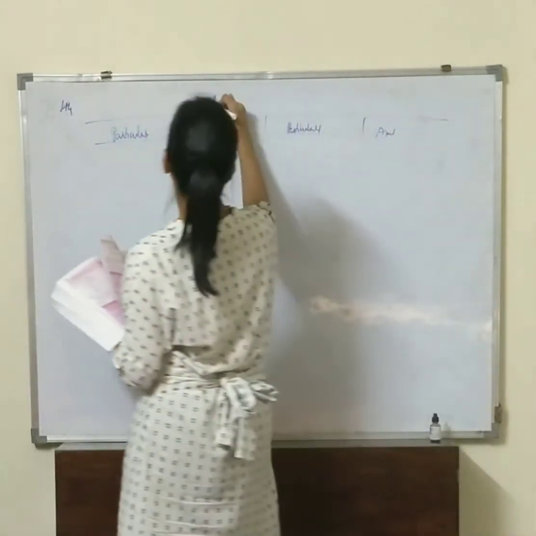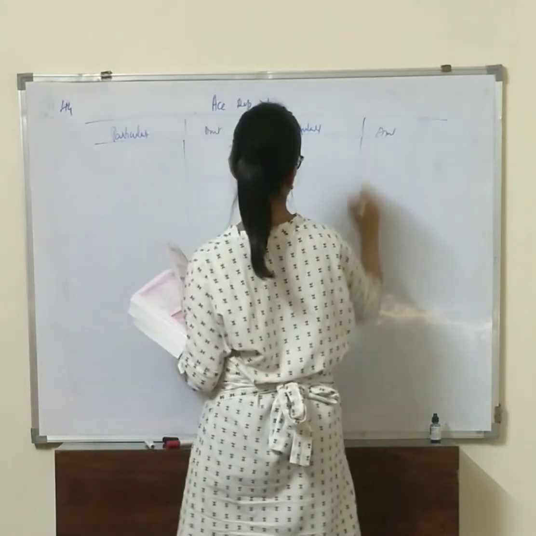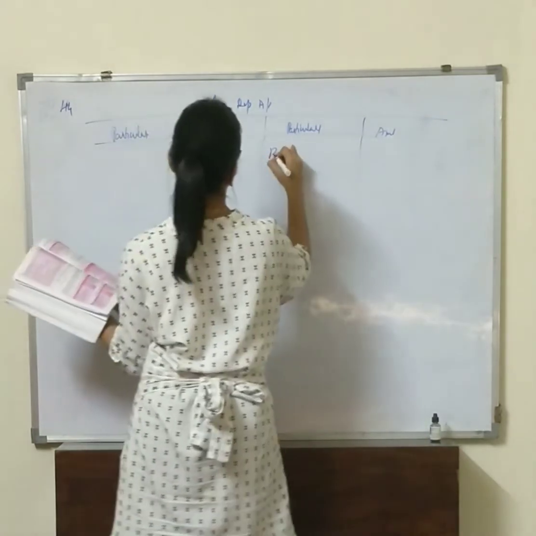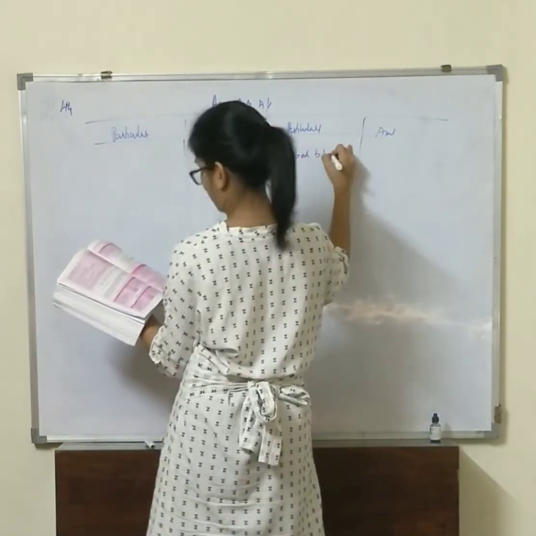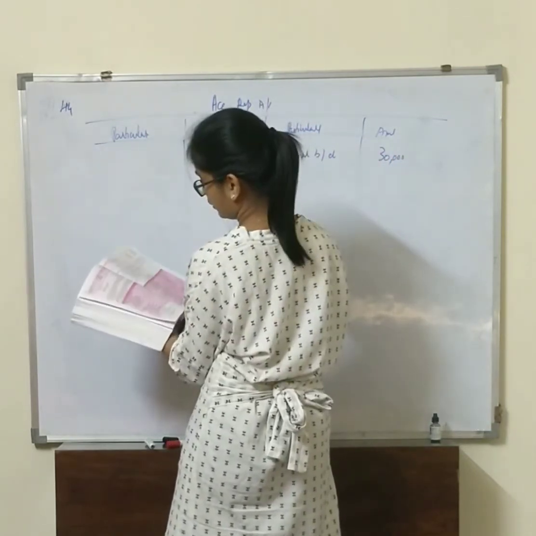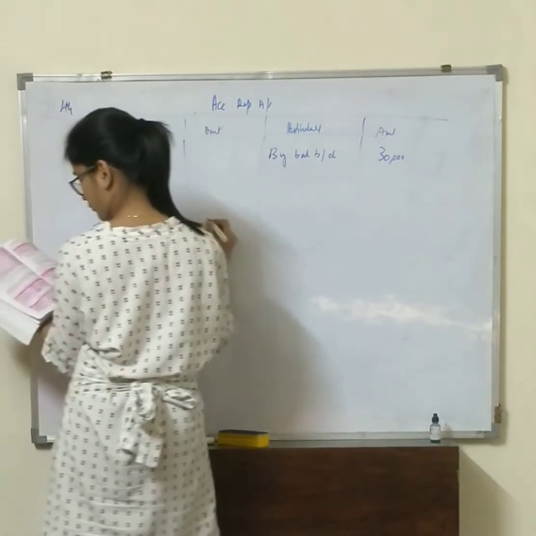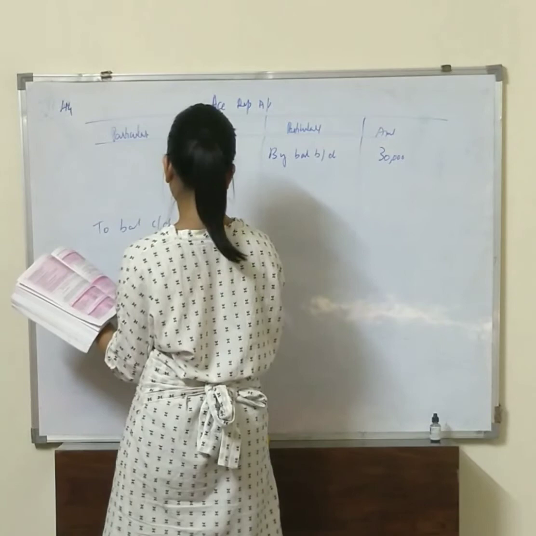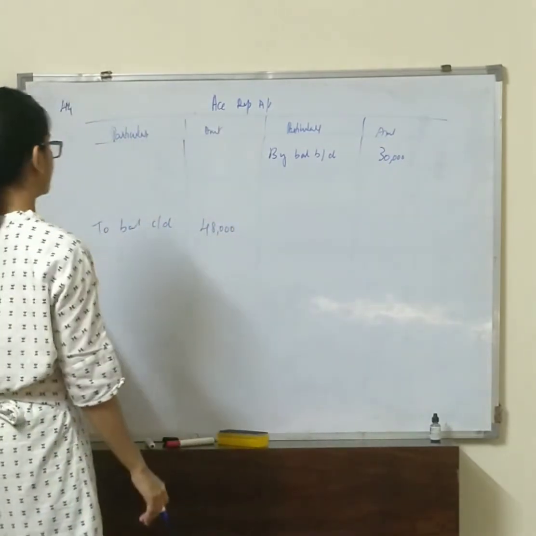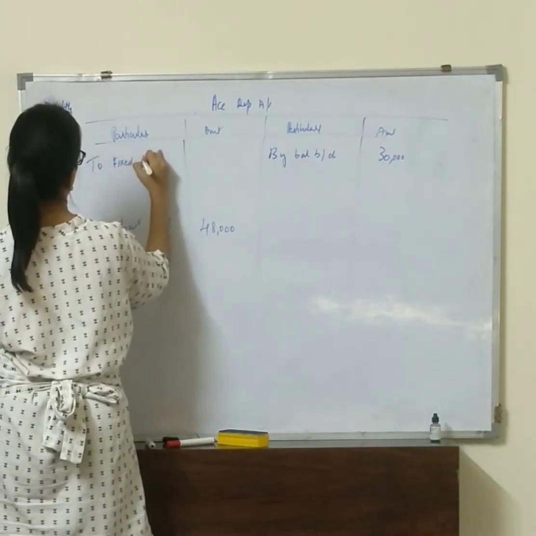Next we will prepare an accumulated depreciation account. Why do we prepare an accumulated depreciation account? To know the current year's depreciation. First step is to bring down the balance. By balance brought down, it is 30,000. Note number 4. To balance carried down, it is 48,000. Then we have accumulated depreciation on sale of machine. So we will write to fixed asset account.